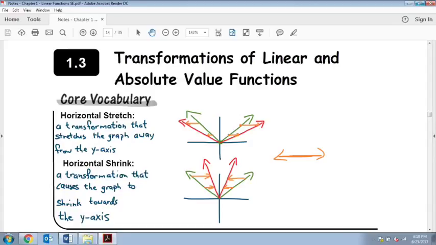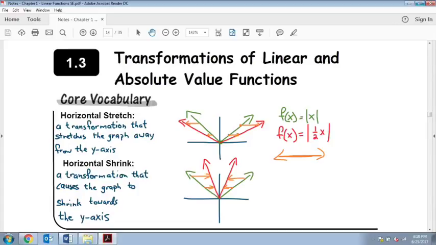In the case of the first one, this horizontal stretch, my parent function was this one, f of x equals absolute value of x. The new one looks like it stretches by about a factor of 2. So it's probably going to look like this, 1/2 x. Now, why did I multiply by a half instead of by 2?